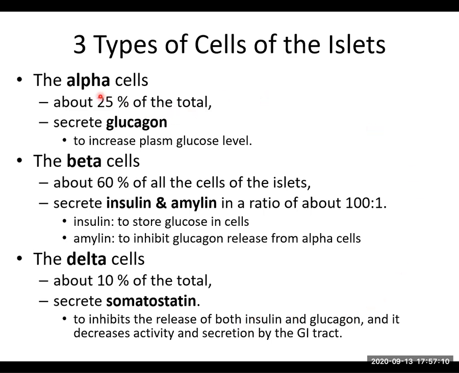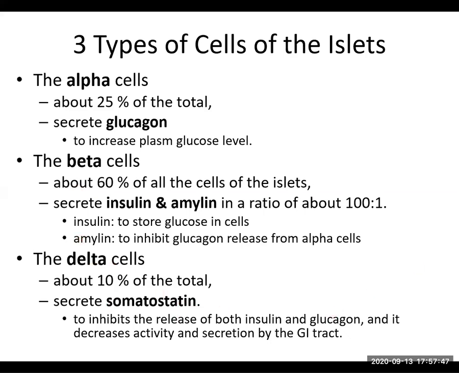It inhibits alpha, inhibits beta, inhibits our GI system. Our digestion is slowing down, so the food remains in our stomach and intestine. When we have food in there, we will eat less because we feel full. We eat less, we digest slower, and the production from the alpha and beta cells will also slow down. So that's the function of somatostatin.